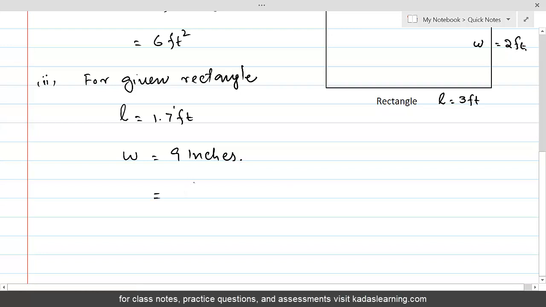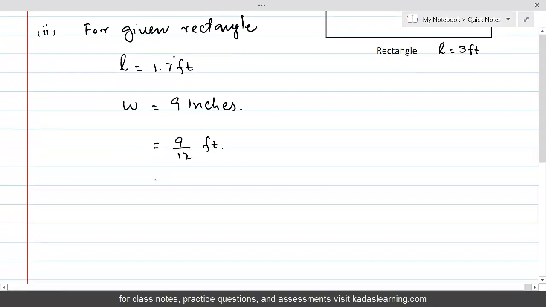For converting 9 inches into feet, we will divide by 12. This is equal to 0.75 feet, and now length is 1.7 feet and width is 0.75 feet.